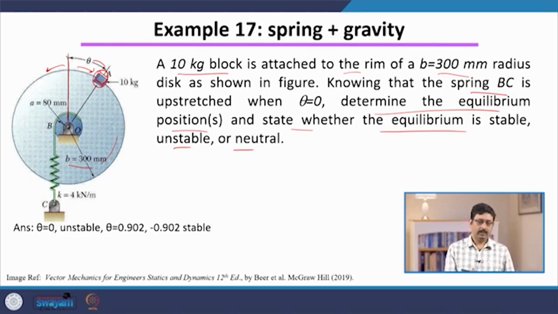It is clear from this figure that it has a single degree of freedom. Even though it rotates on a disc, which is a 2D object, it is constrained to move along the rim. The constraint is such that the distance from the center O to the block is always fixed. So, it is a single degree of freedom system, and we can represent this angle theta as the independent variable.